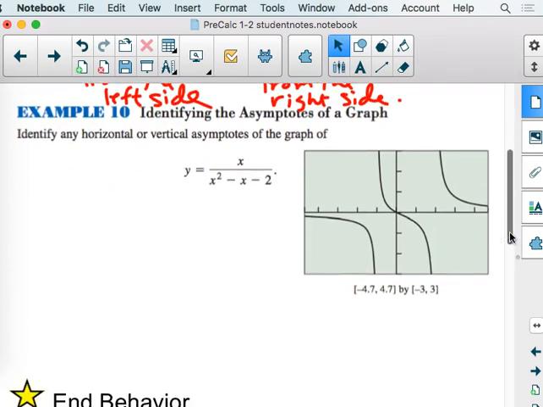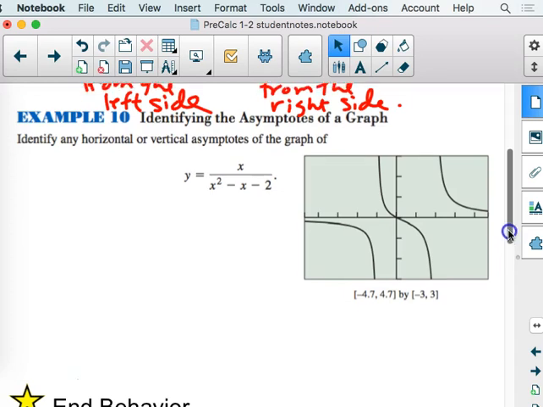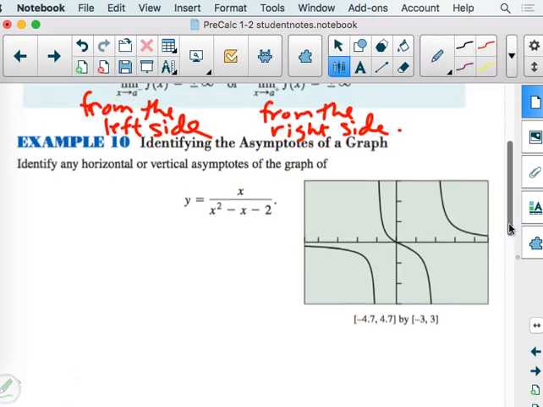So this says identify any horizontal or vertical asymptotes of the graph. I wish the picture weren't there. I would really want to do this algebraically and say, okay, I'm going after the vertical asymptotes first. So I need to come up with two numbers that multiply to -2 and add to -1. What are they?